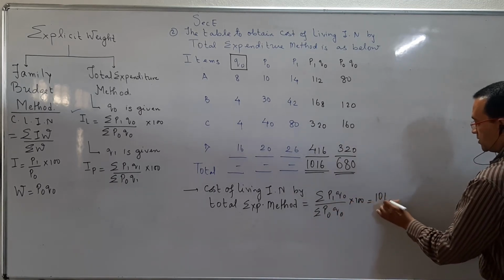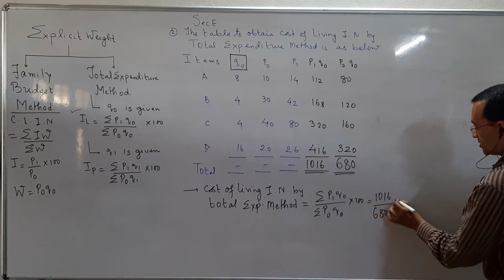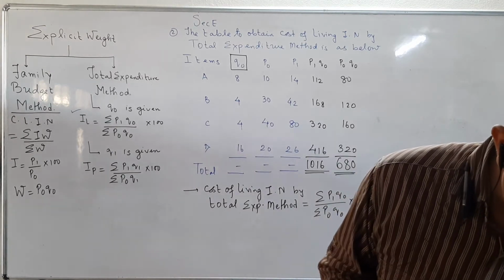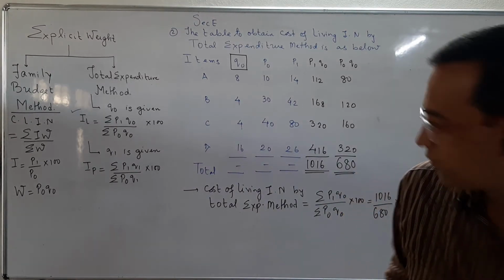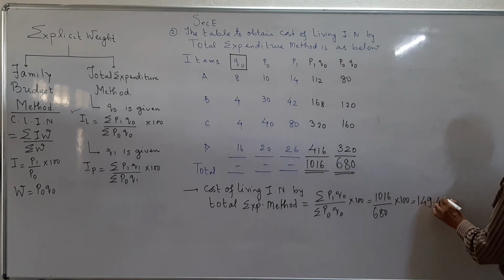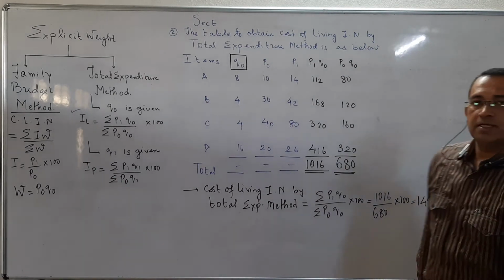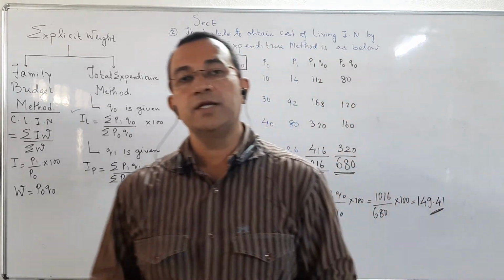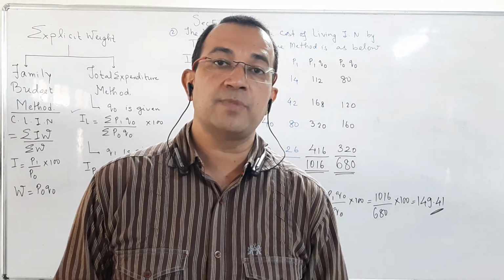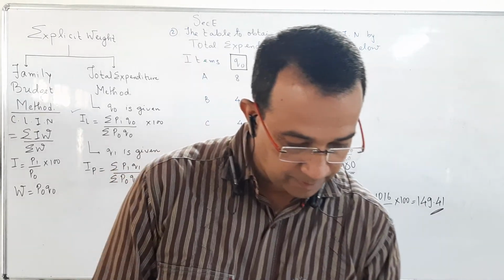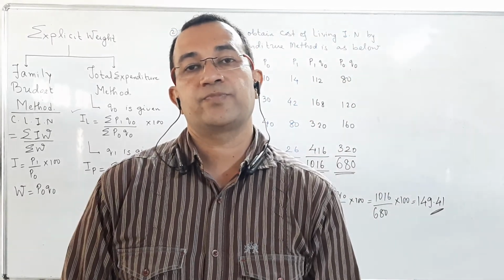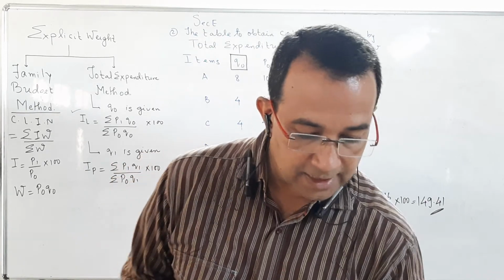So 1016 divided by 680 into 100, and the final answer comes out to be 149.41. So if I interpret this, then from 149.41, if I subtract 100, then cost of living in the current year has increased by 49.41% compared to that which is in the base year. So you can check. This is going to be very easy.